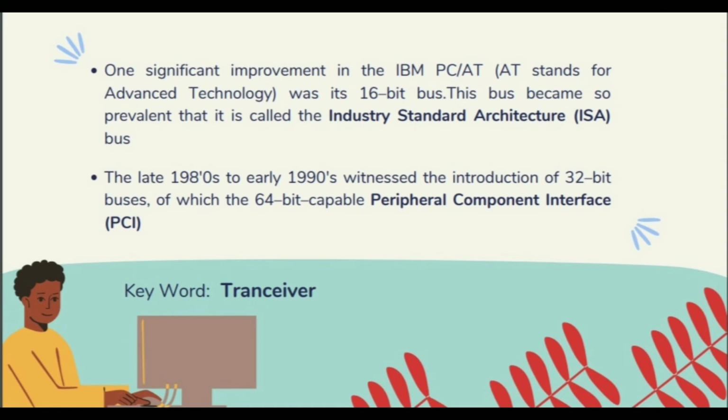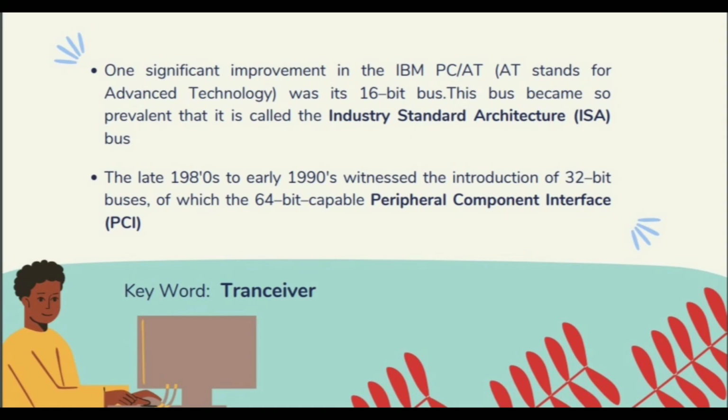This bus became so prevalent that it is called the Industry Standard Architecture, also known as the ISA bus. For years, this was the primary bus found on PCs. Today, you would be hard-pressed to find a new computer that has an ISA included.